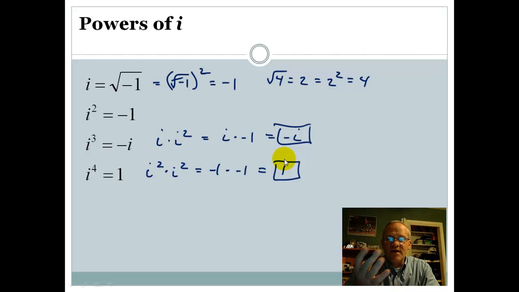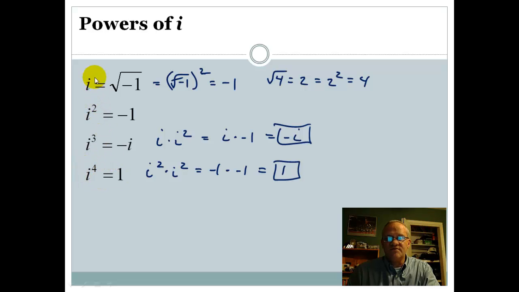And then what happens after that? Once we get to, I think my light just died. Hopefully you can still see me well enough. Once we get to i to the fifth, this cycle just turns back over again, and i to the fifth is made up of i to the fourth, which is 1, and i.